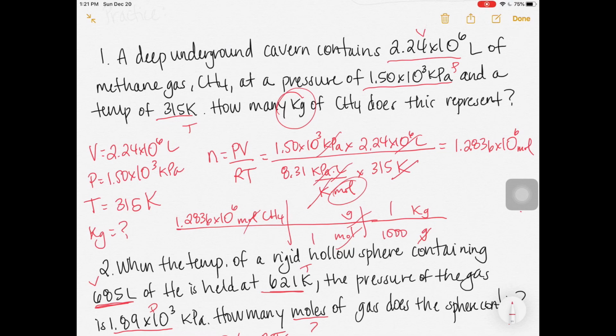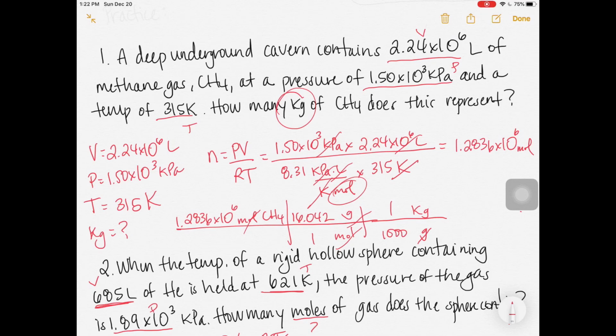The molar mass of CH4, let's see, 4 H's and 1 carbon, is 16.042. And that's it. I'm going to do my math. Sig figs should be 3.